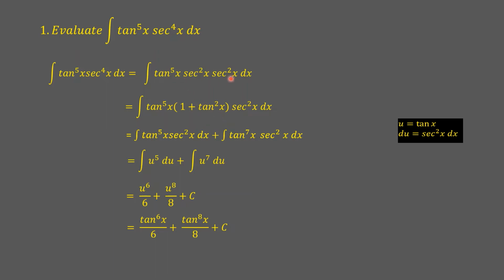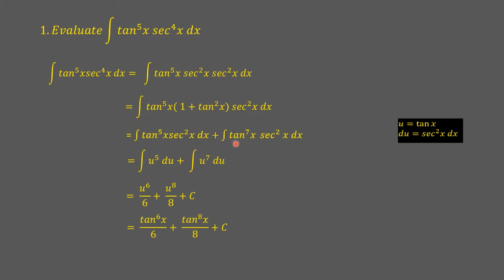Hence, this integral now is written as integral of tangent to the fifth x times 1 plus tangent squared x times secant squared x dx. And if we multiply these factors, we will come up with the following terms: the integral of tangent to the fifth x secant squared x dx plus the integral of tangent to the seventh x times secant squared x dx.